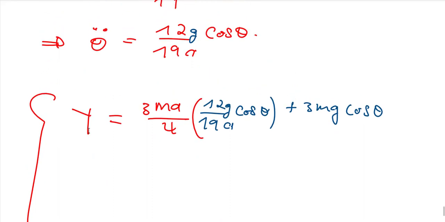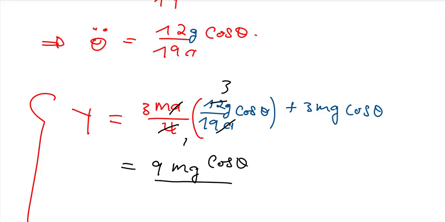Now the a's cancel out, 4 goes here, 1 here, 3. Now 3 times 3 will give 9, so here I will have 9mg cos theta divided by 19 plus 3mg cos theta.